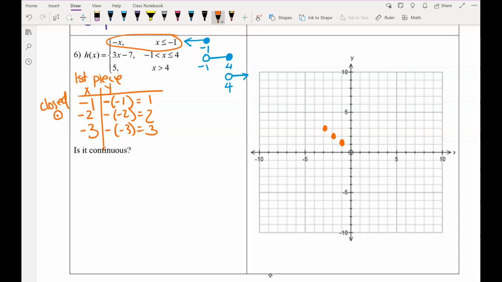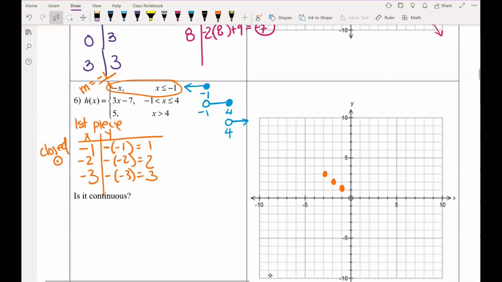Now students, this piece has a slope of -1 over +1. So you can think of it 2 ways. You can leave it like that, or you can say, well, if it's a -1, I can technically have a 1 over -1 and it still equals -1. So if we use this right here, we can go up 1 because the numerator is positive and left 1.